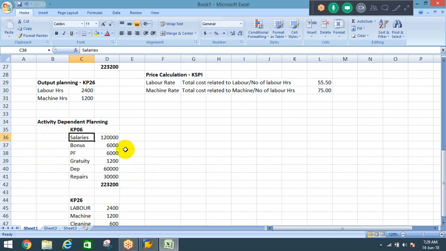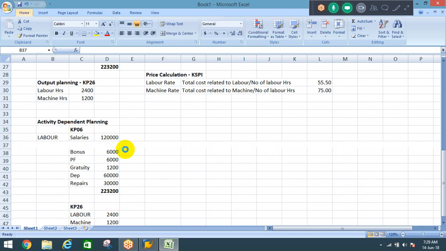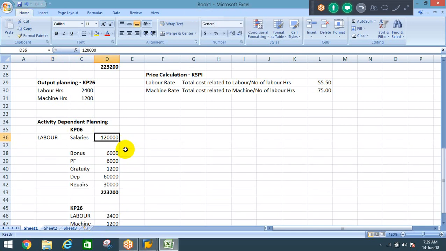Now how do you need to plan? You need to split the salaries: labor salaries, for example, 40,000, and cleaning salaries 80,000. Understood? That is 1,20,000 related to two activity types, labor and cleaning.